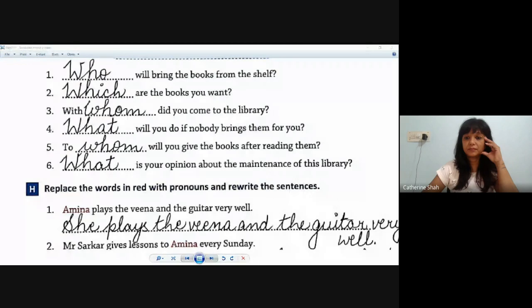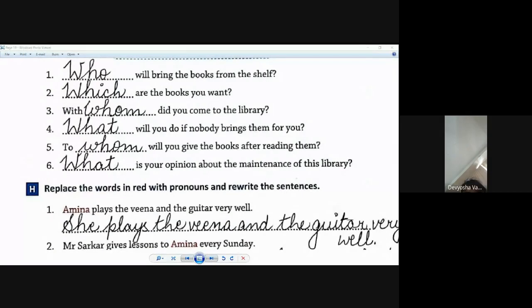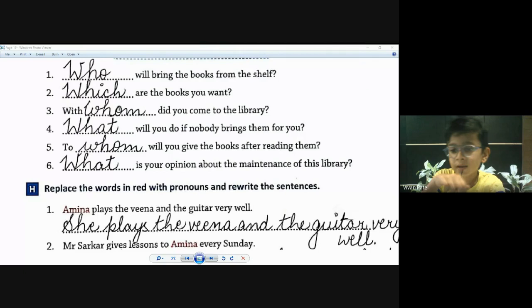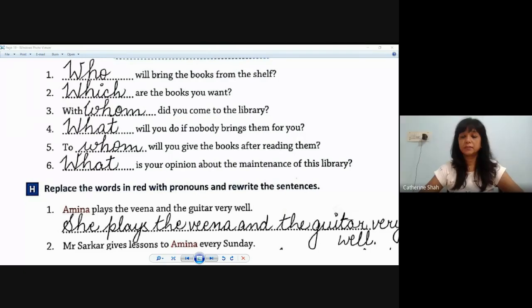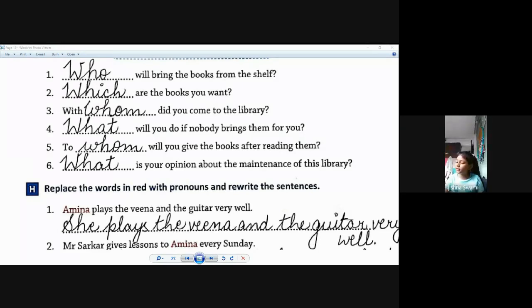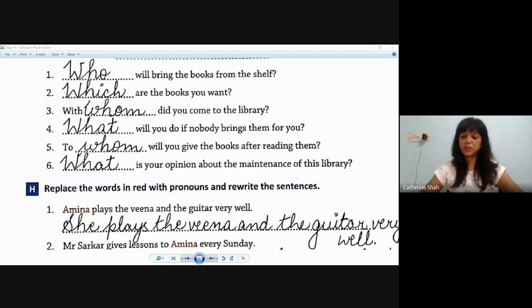Everyone can say. What, Divyosha? Yes, ma'am. Answer number 1. Jishna, please answer number 1. She plays the veena and the guitar very well.